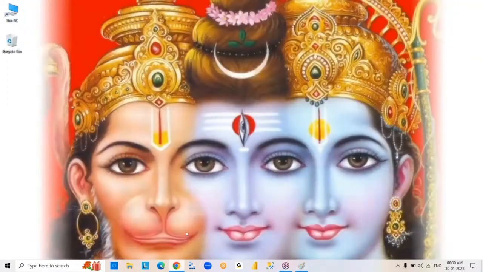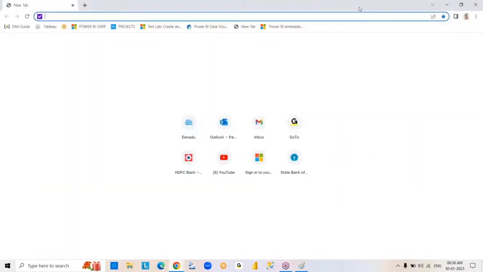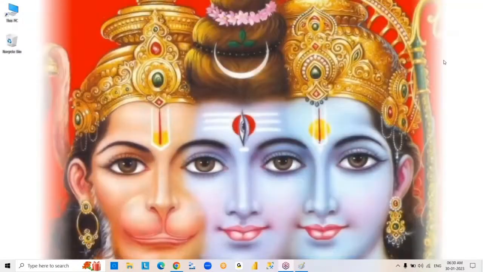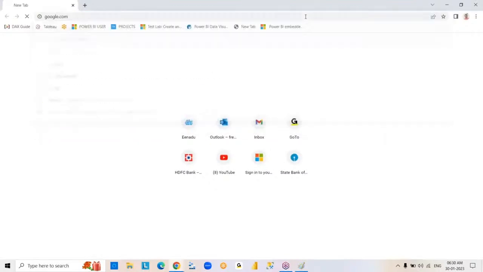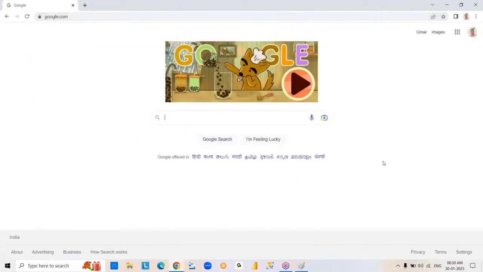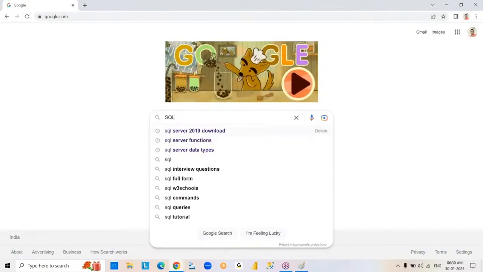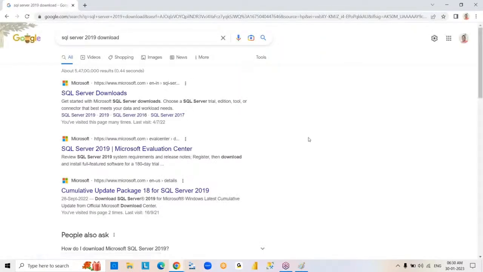In the same way, let me show you how to download this one. Of course, I already prepared installation videos, but still I want to show you how to go for downloading SQL software for practice purpose. SQL Server. In search button, type it as like this: SQL Server 2019 download.